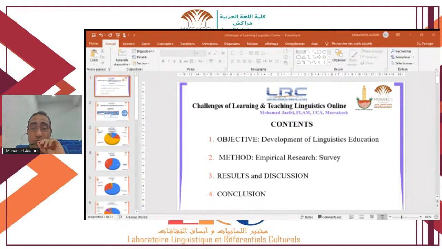The majority also say very important. So if a professor or an institution wants to move online and study linguistics, these are the skills that they should train both teachers, professors, and learners: Excel, Word, and PowerPoint.